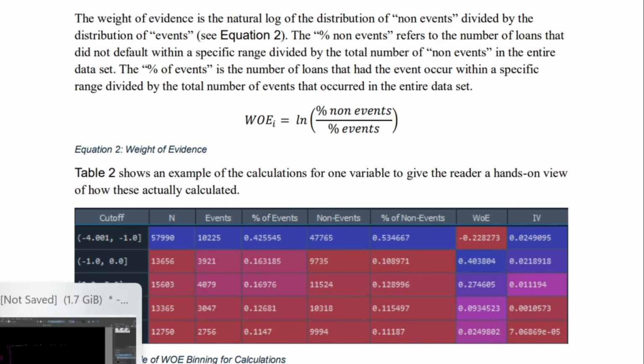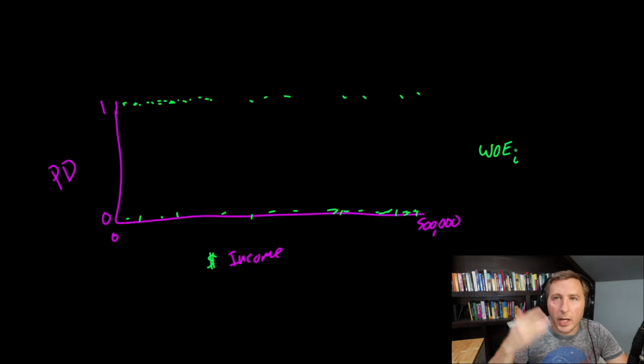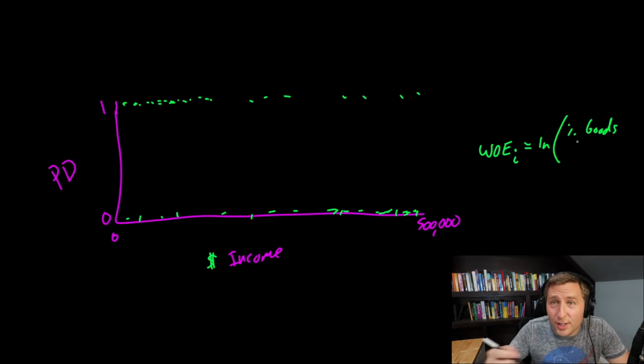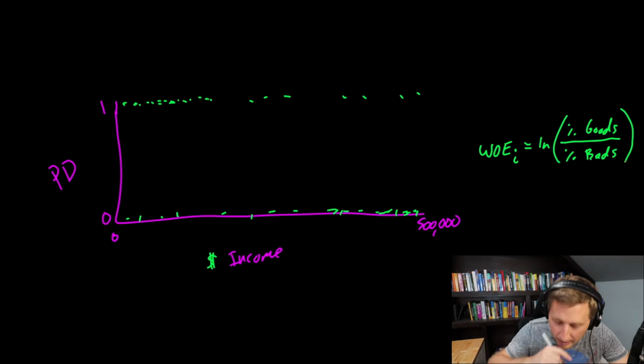When we move over, weight of evidence is assigned to a bin i, so depending on how many splits we have, we have a unique weight of evidence, and it just gets one value, just like a decision tree. And it's going to be the natural log of the percentage of non-events, which is going to be goods in our case. These are loans that are good, that did not default. And then we'll also do the percentage of bads, which are those that defaulted here.